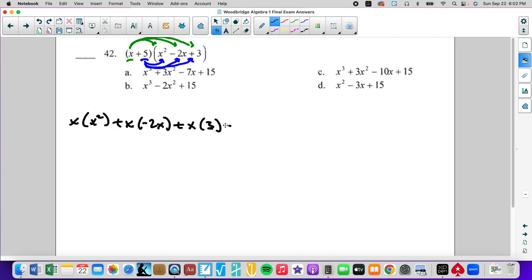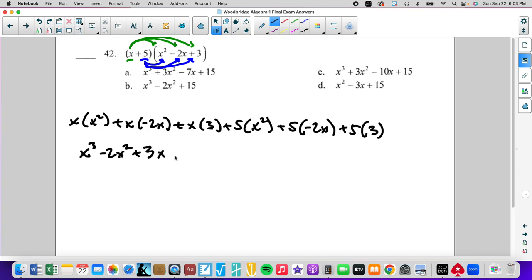And then we're going to distribute the 5: 5 times x squared plus 5 times negative 2x plus 5 times 3. That's x cubed minus 2x squared plus 3x plus 5x squared minus 10x plus 15.